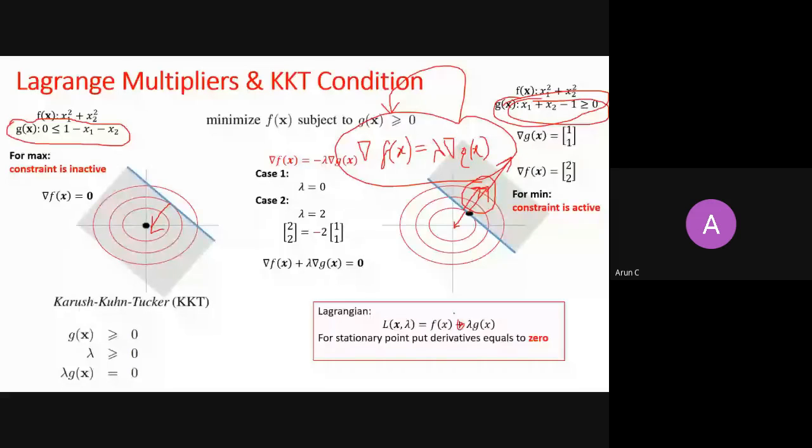If g(x) is less than 0, if the constraint is in this form, then things will be the same as we discussed in the last class, and this lambda will come as a positive. So it is just to accommodate the things, nothing big deal.